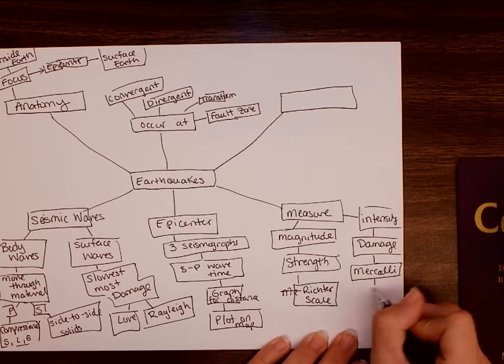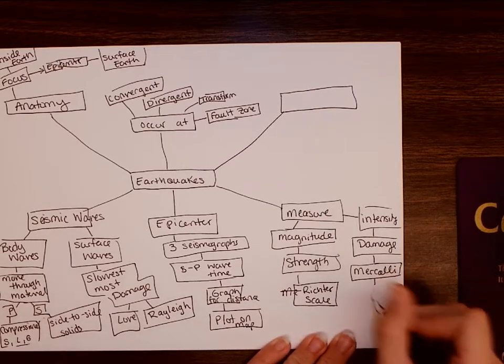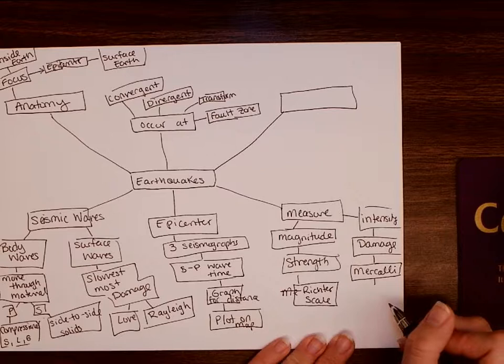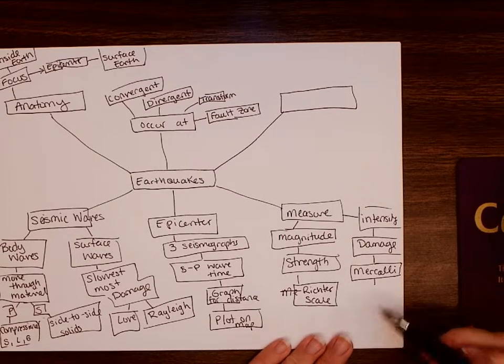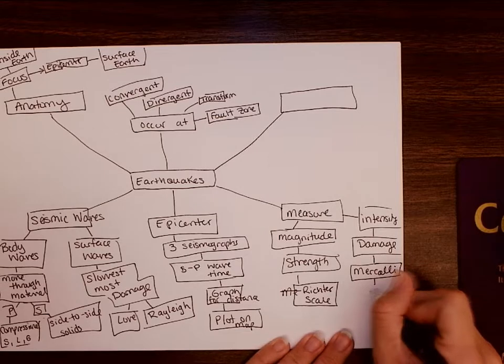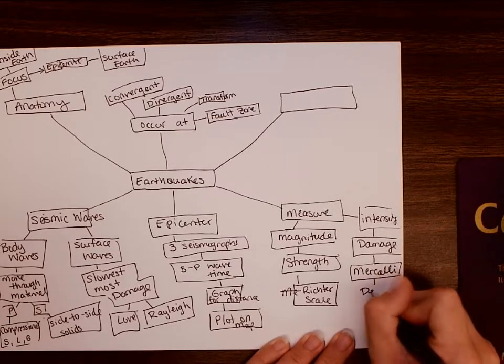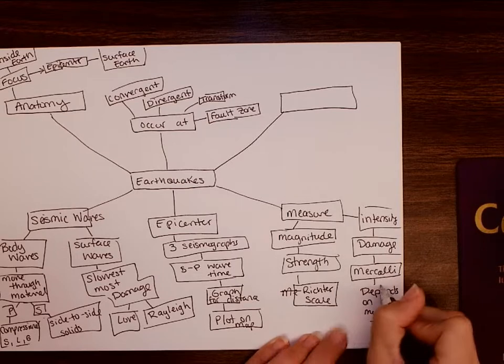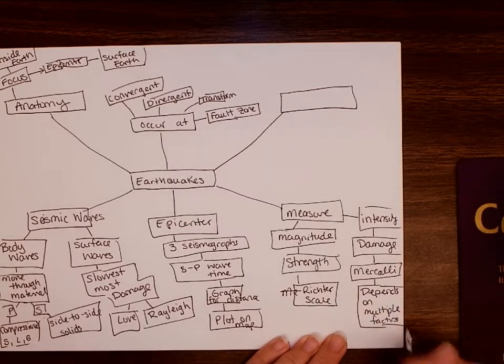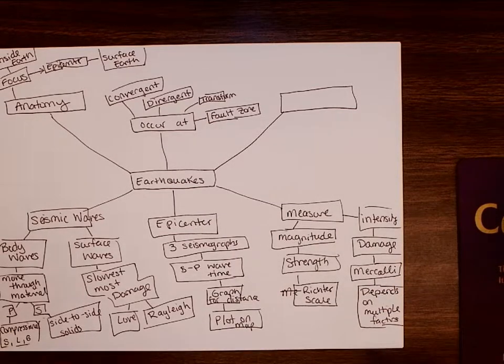This is obviously going to depend on a couple things, like how long the earthquake lasted, what the magnitude of the earthquake was, how far away from the epicenter we were, what type of human infrastructure, and then just the geography of the land. So this really depends on a lot of things. And if we had more time, I'd write those all out, but we'll just say it depends on multiple factors.